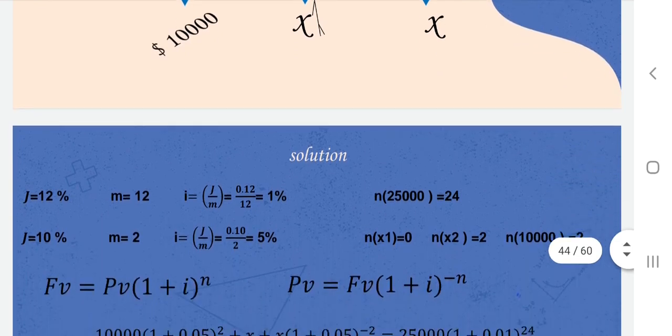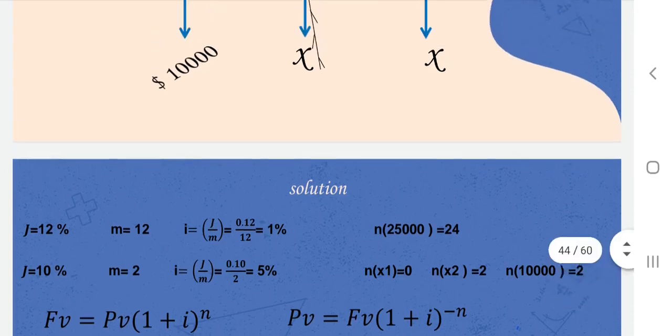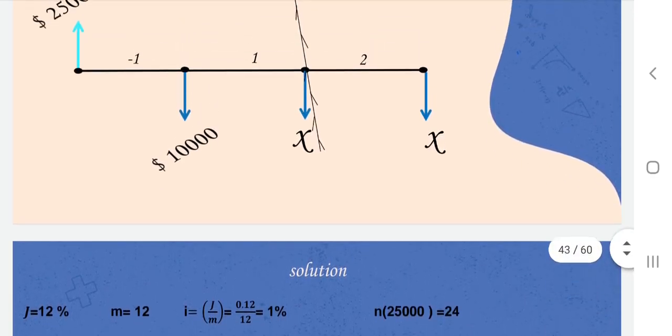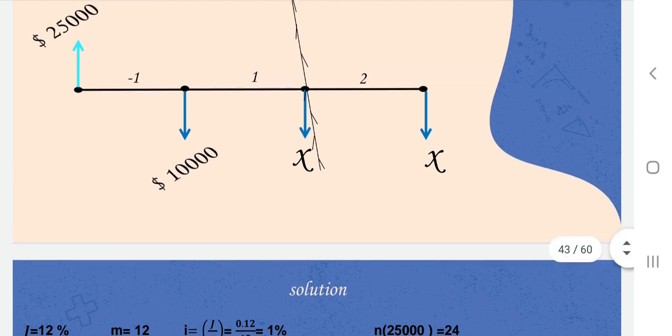Note that he will use 12% for the old obligation, $25,000, which is 12% compounded monthly, so M equals 12 and N for $25,000 will be equal to 2 times 12 equals 24 periods.